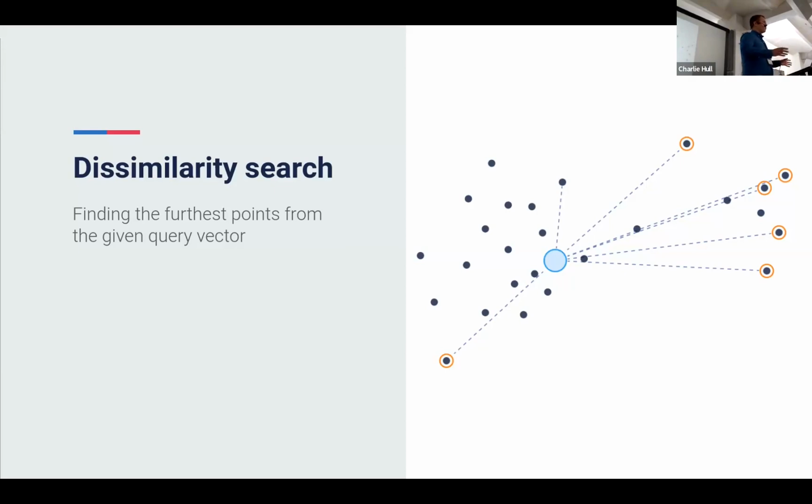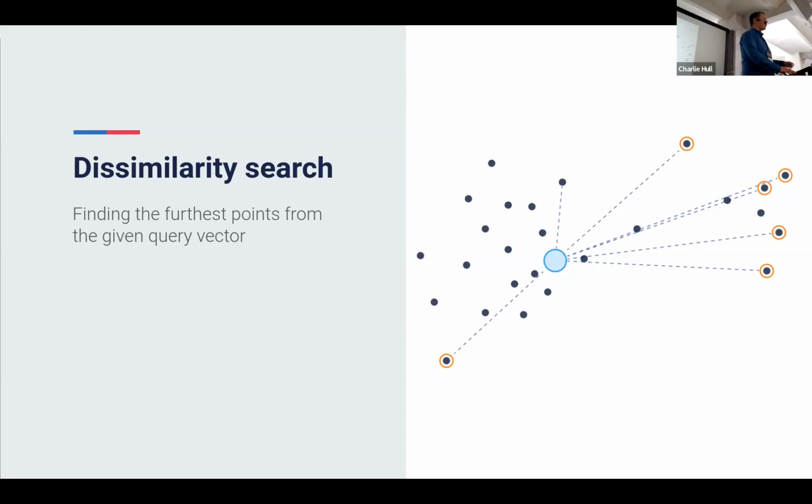So this is what exploratory search based on vectors is all about, and it's hard to reproduce with full text search, but it's quite easy to do with cosine distance on vector embeddings.